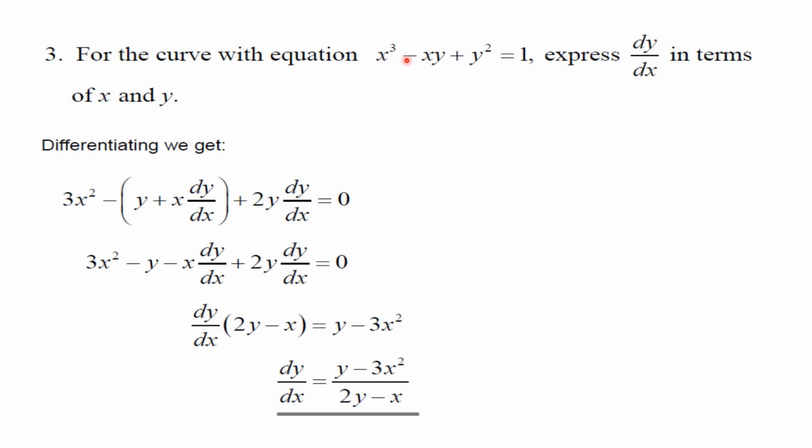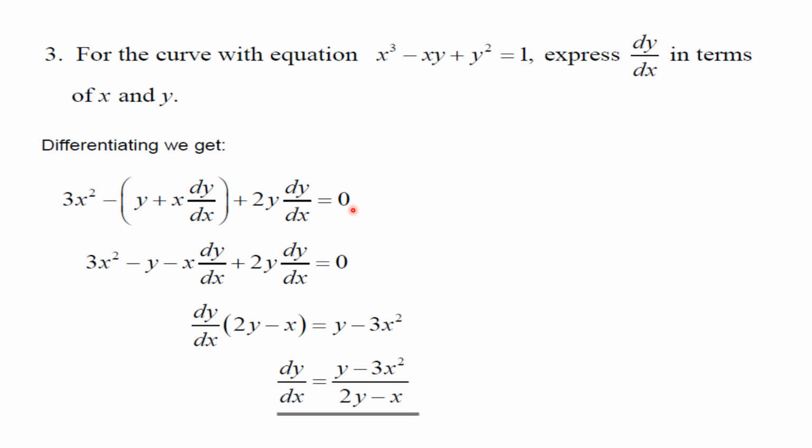Therefore, differentiating x gives you 1, copy the y, plus, write down the x, differentiating y alone gives you dy dx, plus differentiating y squared gives you 2y dy dx, and differentiating 1 gives you 0.